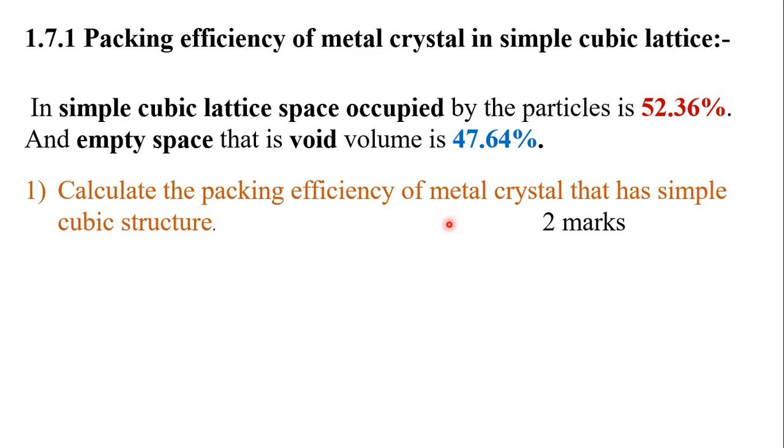Second step is volume of the sphere. Then third step is total volume of particle. And fourth step is what? Packing efficiency. So like that, using these 4 steps, we can calculate the packing efficiency of metal crystal that has a simple cubic structure. This question can be asked for 2 marks.